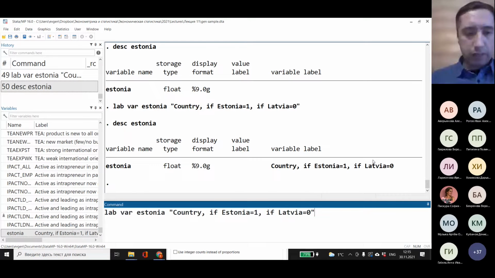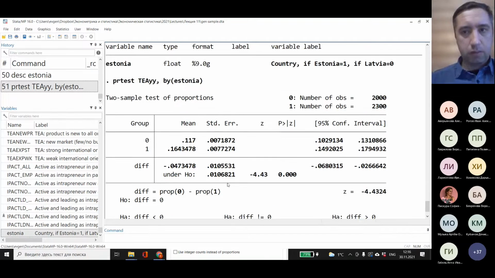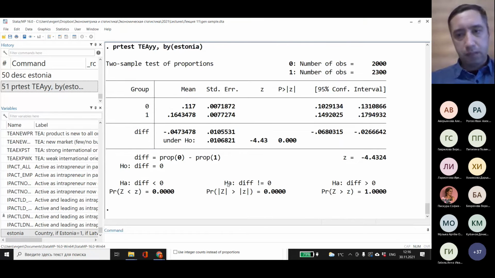Now we can run our test. And we have such an output.